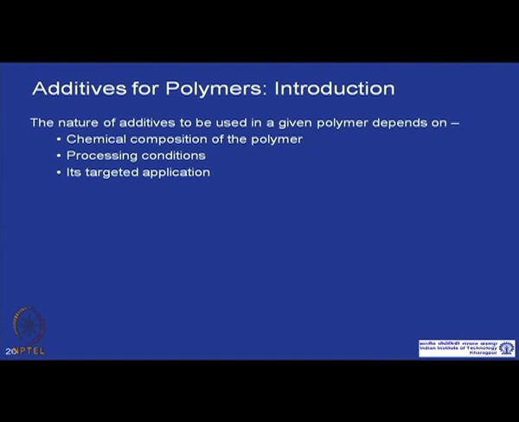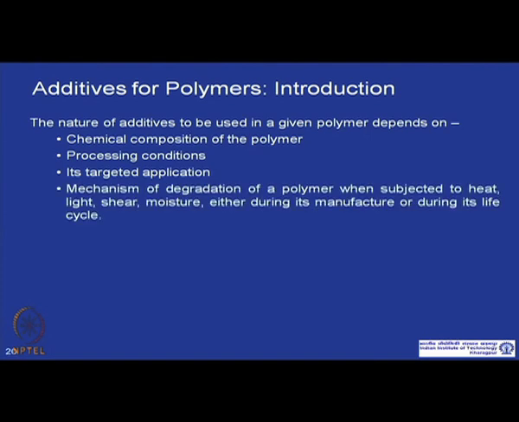Obviously, the target application has to be kept in mind, for which application you want to use that additive. And if we are talking about stabilization specifically, we must remember the mechanism by which polymers are degraded when subject to heat, light, shear and moisture, either during processing, during manufacture, or during the life cycle.